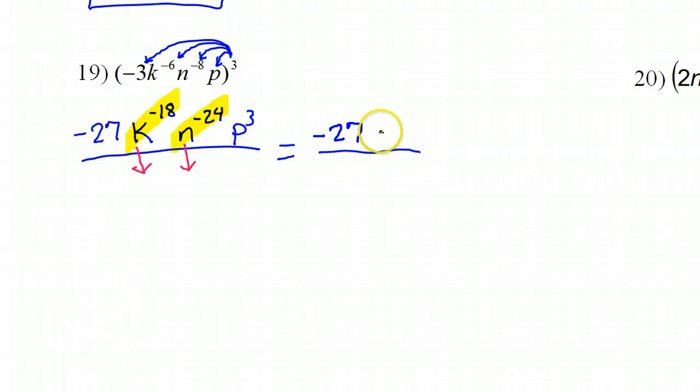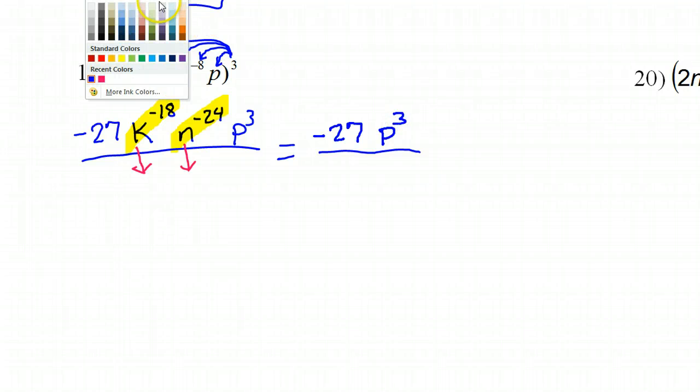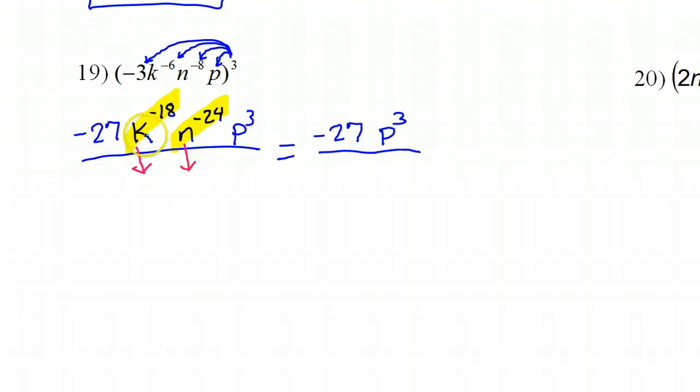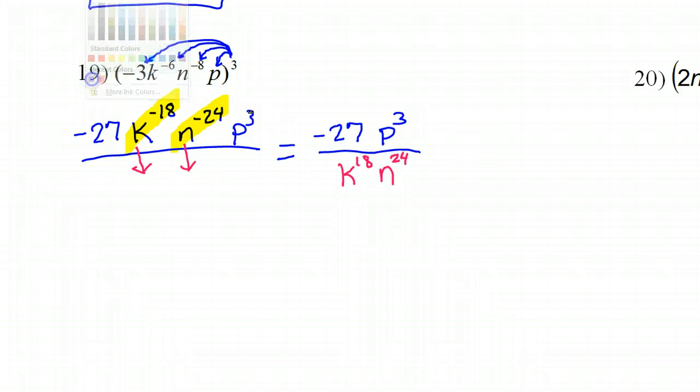The p to the 3rd power stays where it is in the top. But these other things: I'm going to have a k to the 18th power on the bottom, and I will have my n to the 24th power on the bottom. And this will be the final answer to number 19.